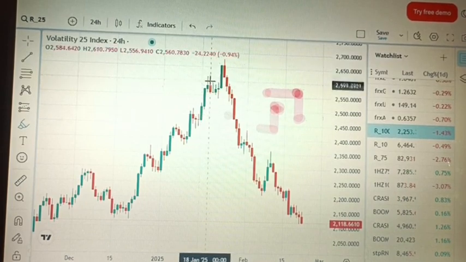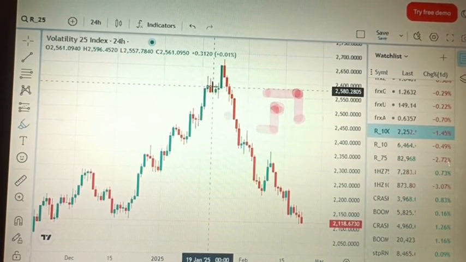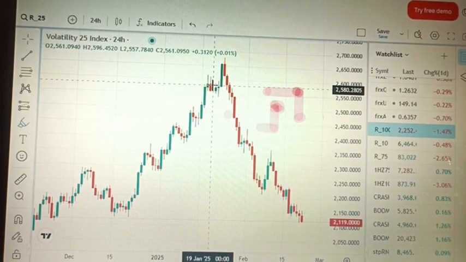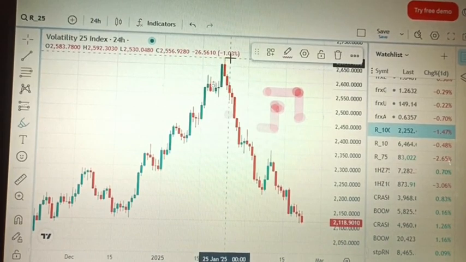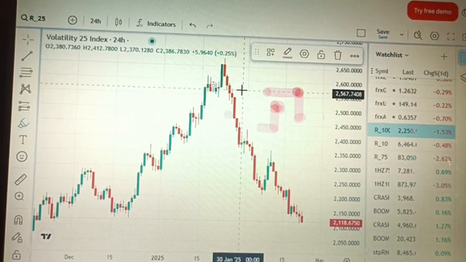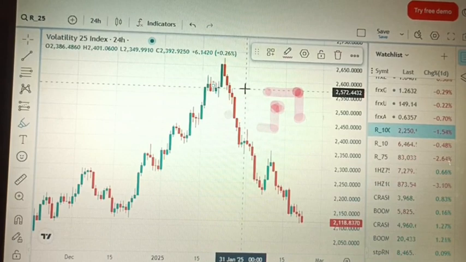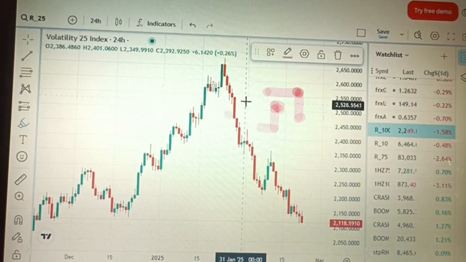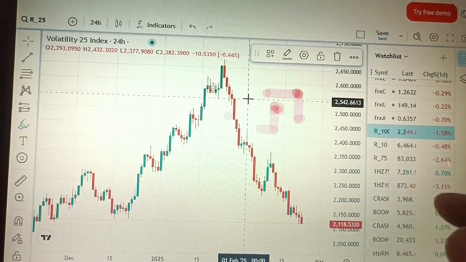So all these wicks tell you past actions of either buyers or sellers. If it is a sell candle, this wick here tells you that buyers pushed it up. This one tells you that buyers had it going up here, sellers dragged it down to this point here, buyers now pushed it up here, and the market then ended.